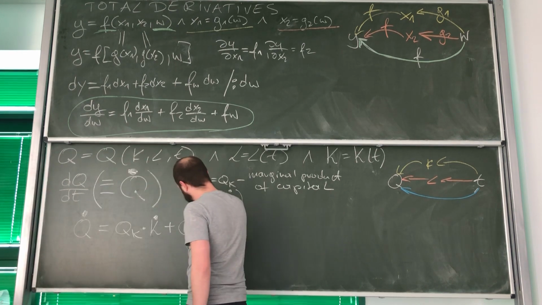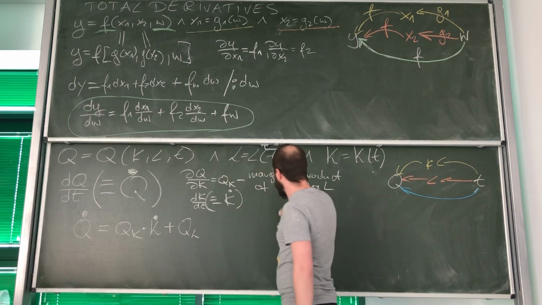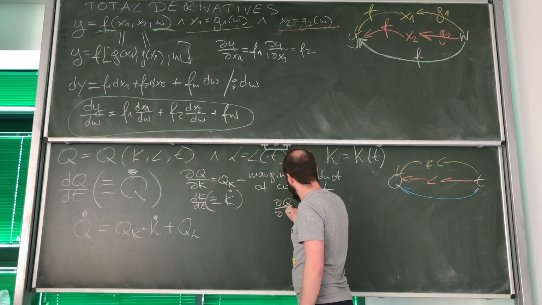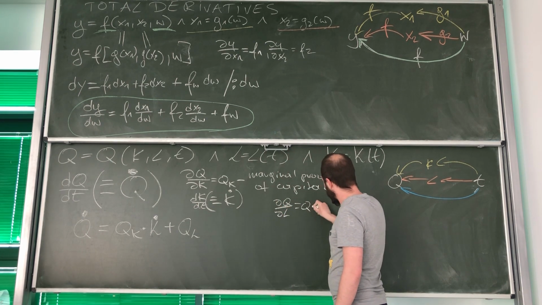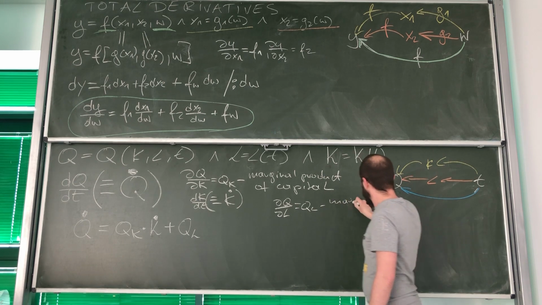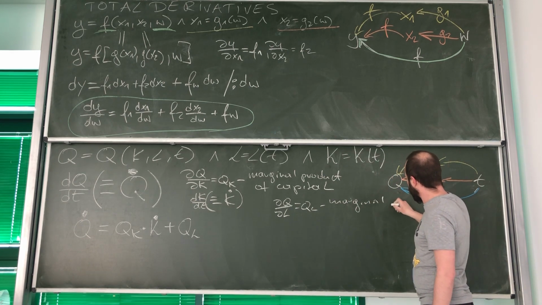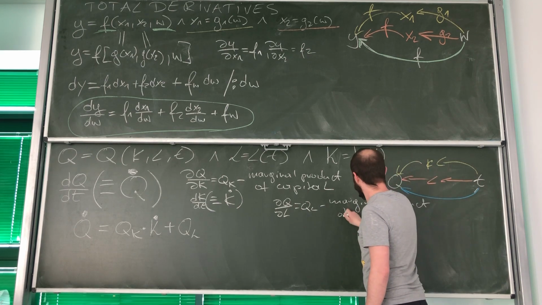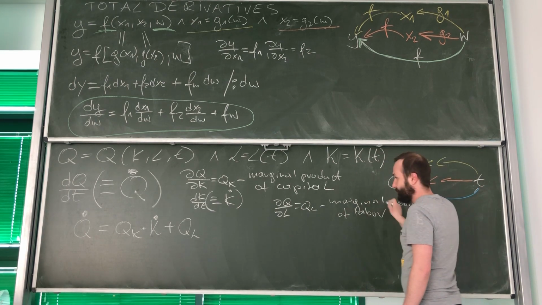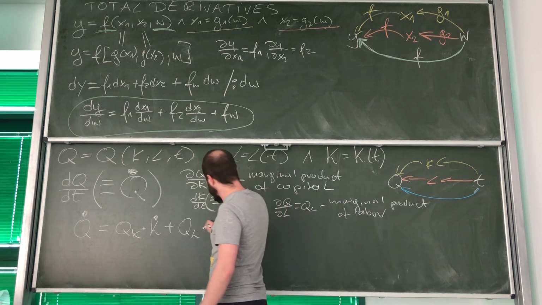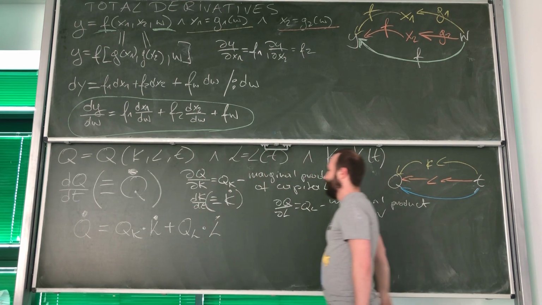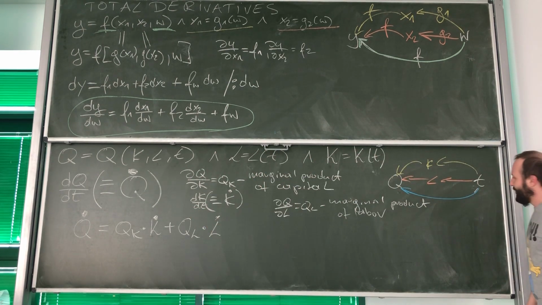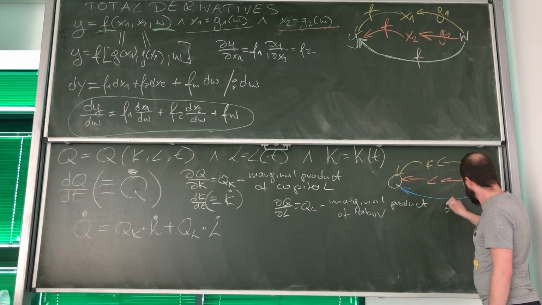So first we put Q_L, and Q_L is simply the derivative of Q with respect to labor. So this is the marginal product of labor. And we multiply it by the time derivative of L.